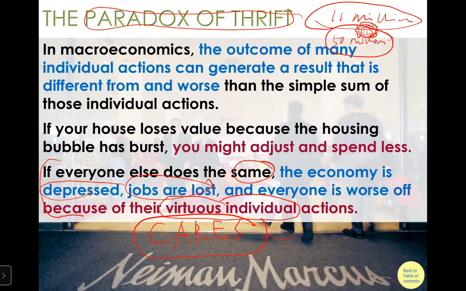This is designed to lift consumer confidence, so that their virtuous individual action won't cause severe damage to the economy. From their individual point of view it is optimal, but there is an unintended consequence for the aggregate economy. Okay, so this is the paradox of thrift.